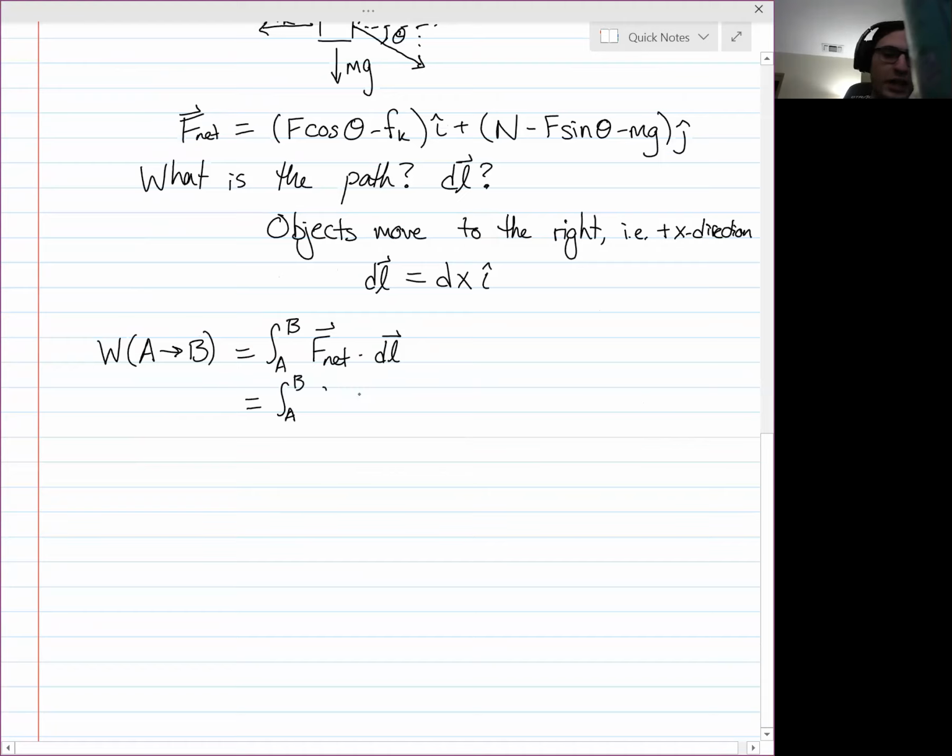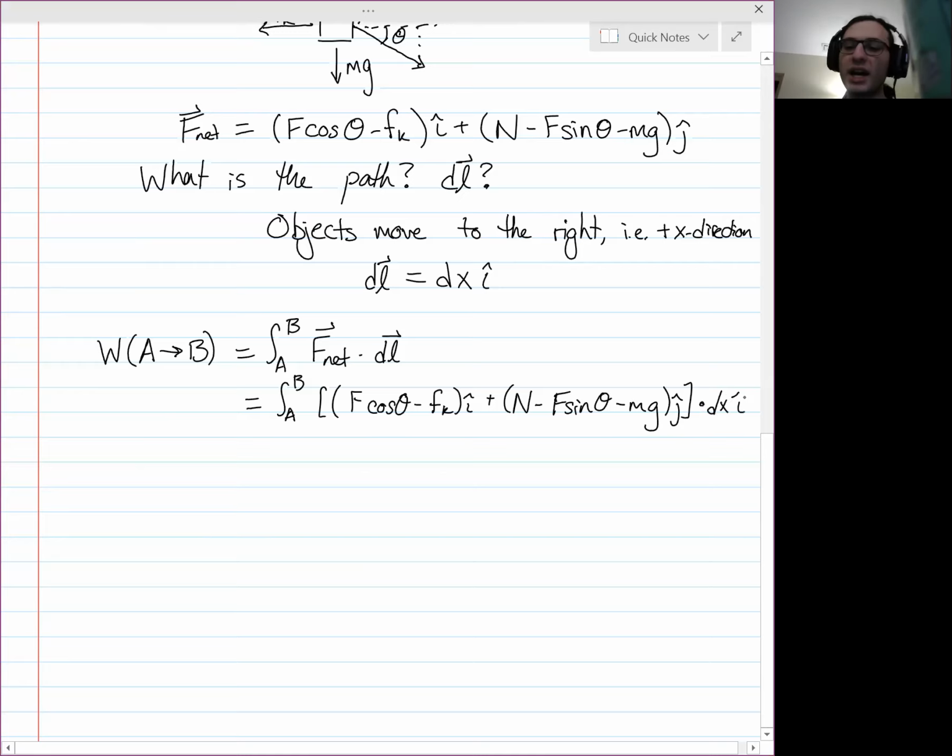You get f cosine theta minus fk in the i hat direction, plus n minus f sine theta minus mg in the j hat direction, dotted into dx i hat. So we know that i hat dotted into i hat is 1, j hat dotted into i hat is 0. So this leaves us with an integral from A to B of f cosine theta minus fk dx.